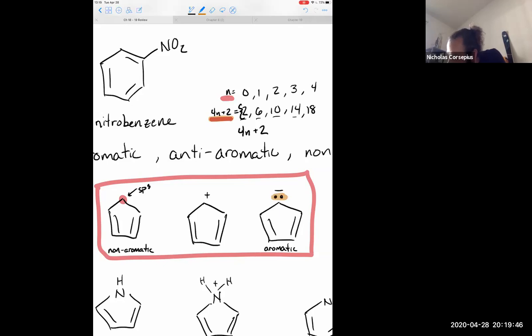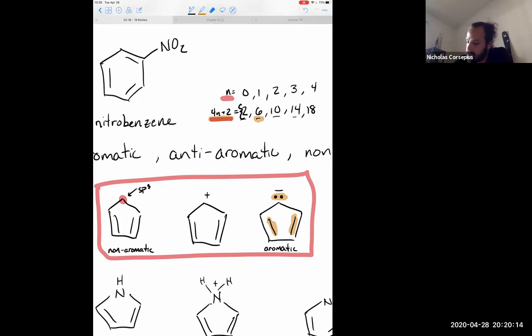We have 2, 4, 6 electrons in p orbitals there. So 6 is one of our numbers in this series. If you have 2, 6, 10, 14, 18 electrons, et cetera, you will be aromatic. If you have anything else, then you're anti-aromatic.